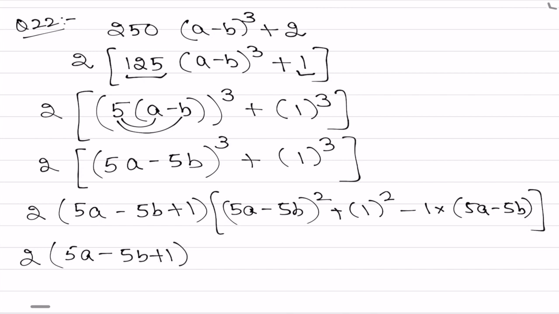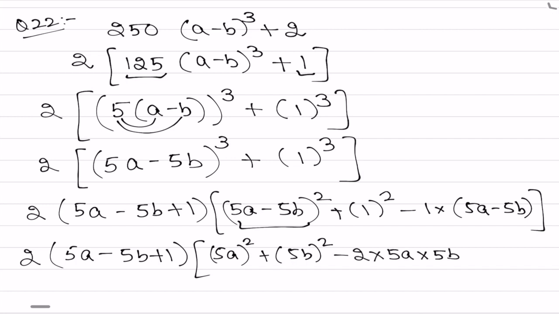Now see here (5a minus 5b) whole square. How to open this? We have to expand this term by using the identity (a minus b) whole square, that is a square plus b square minus 2ab. So it becomes (5a) whole square plus (5b) whole square minus 2 into 5a into 5b, plus 1 minus, now expand this also, so it becomes minus 5a plus 5b.